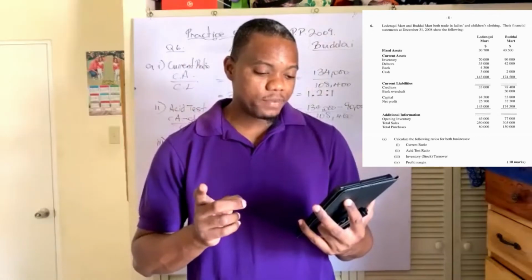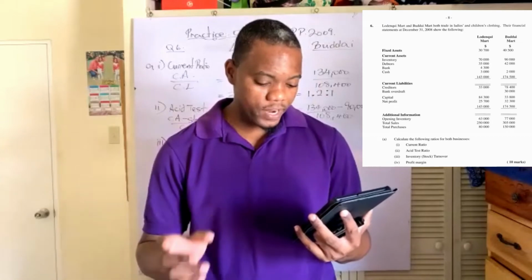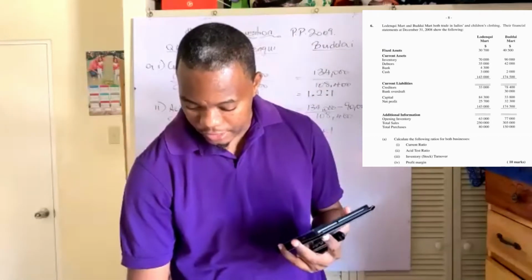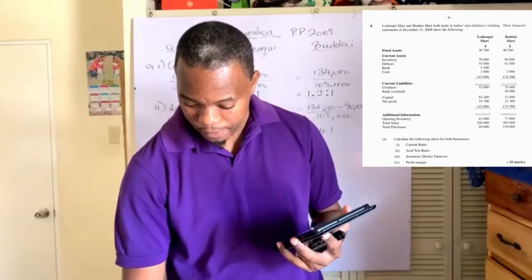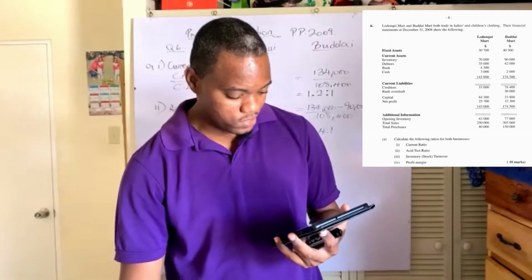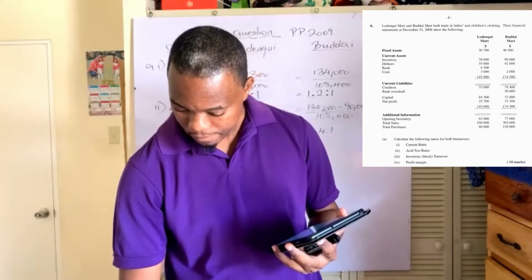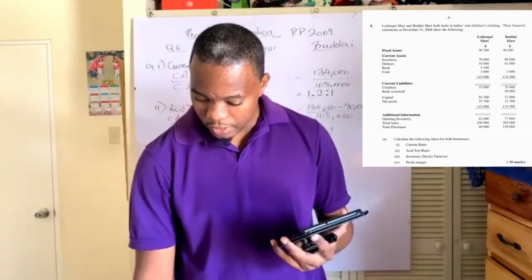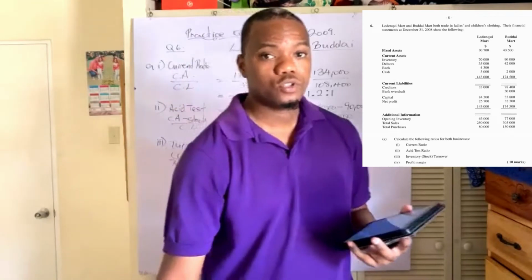Now let's do the same thing for Budai, before we start with the average. So for Budai, opening inventory is 77,000. So on your calculator, you type in 77,000 plus your purchases 150,000, equals 227,000. That is our cost of goods available.